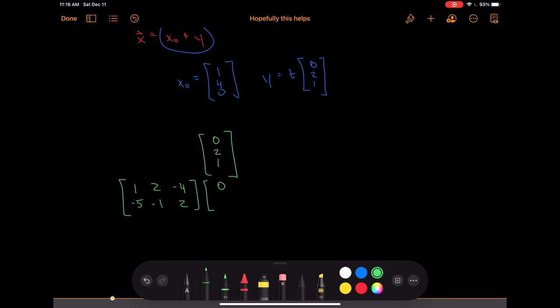So you have 2 minus 2, and that would just be 0. And this just shows that this column vector is in the kernel of matrix A. And we just did that by proving that A times y is equal to 0.